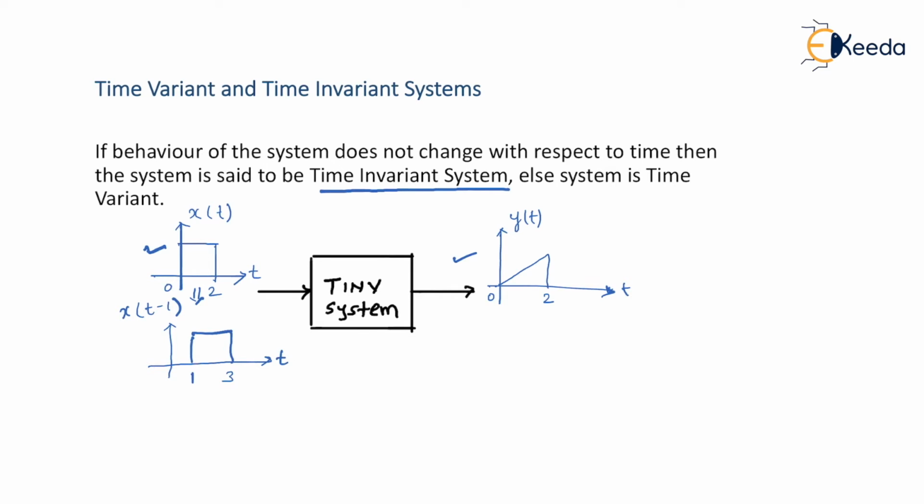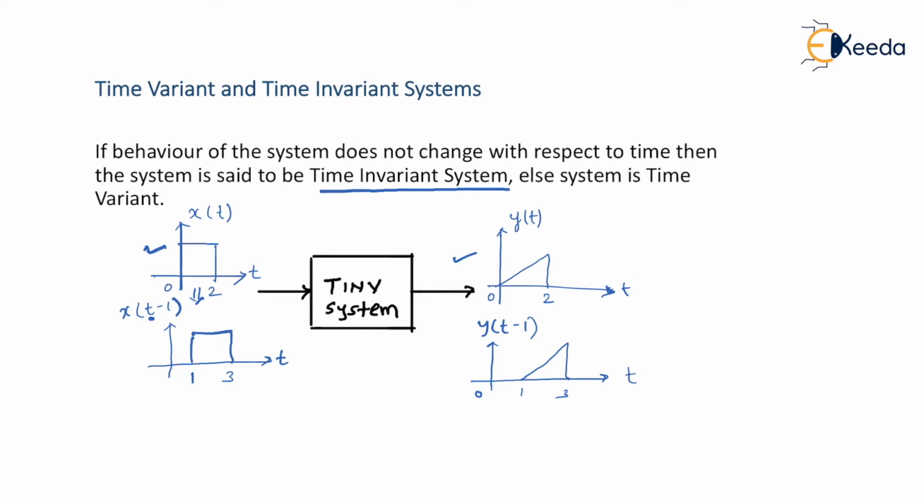Again, having same amplitude because I have operated only on time scale. Then it is expected output y of t should also get delayed by same amount. Then you must get y of t minus 1 according to time invariance property. Therefore, a similar triangle you will get, but it will start at t equal to 1 and end at t equal to 3.